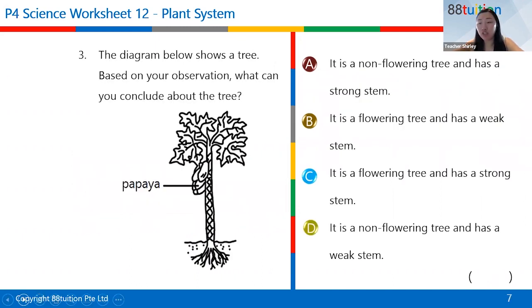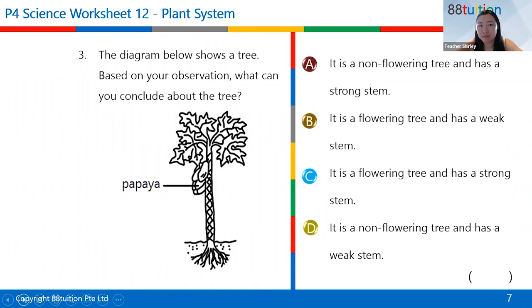Right, moving on. Question 3. The diagram below shows a tree. Based on your observation, what can you conclude about the tree? Okay, is it a flowering or non-flowering plant? Flowering. Very good. How do you know it's flowering, Abel?